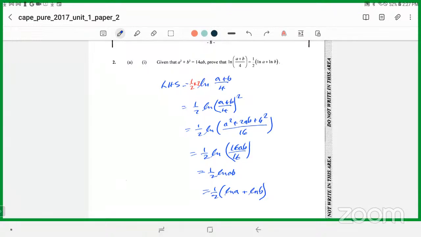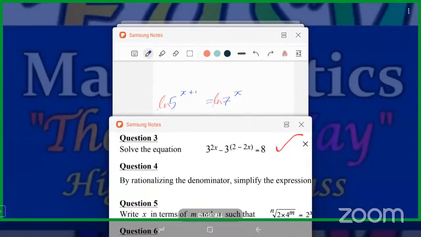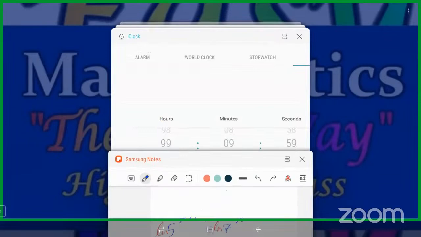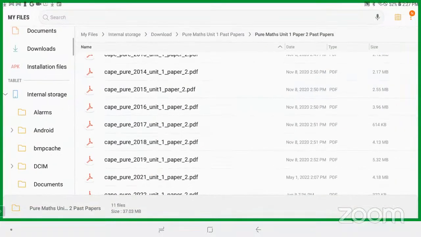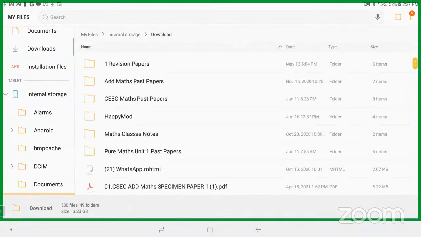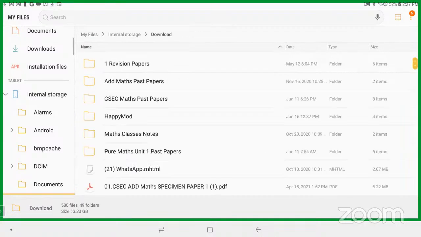So anyway, we exhaust the pure maths papers. Let's jump into the add maths. What is there in add maths? Let's see. Can we look at the paper 3? Let's look at the paper 3. There are certain interesting questions on the pure maths paper 3.